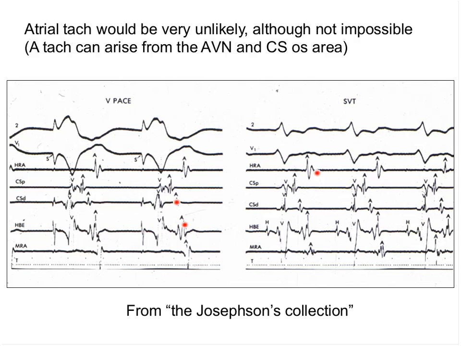Don't look at MRA here. This has been displaced. But if you look at all the other four channels, you can tell that even the morphology of the electrograms is the same. So as I said before, that means that when we pace the ventricle, the atrium is activated in exactly the same way as during tachycardia, right?